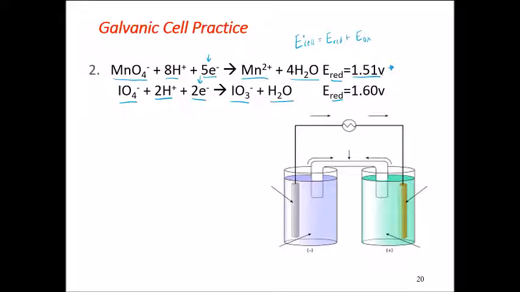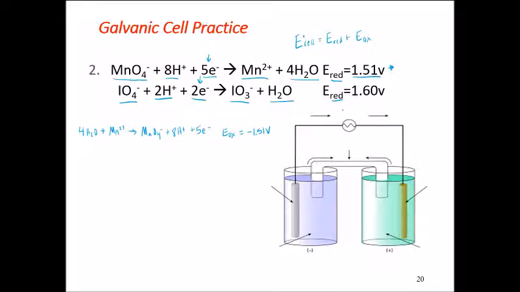So I'm going to go ahead and do that. I'm going to flip that one. The 4 water plus the manganese 2+, that's going to give me permanganate plus the 8 hydrogens, this acidic solution, and the 5 electrons, and this is going to turn into E ox, which is going to be negative 1.51 volts.